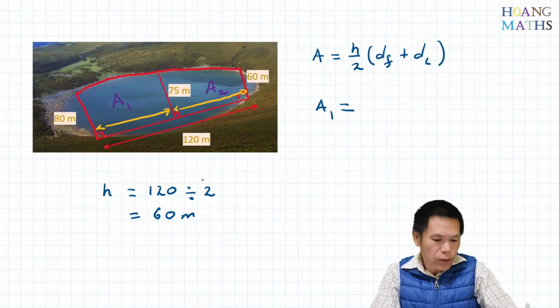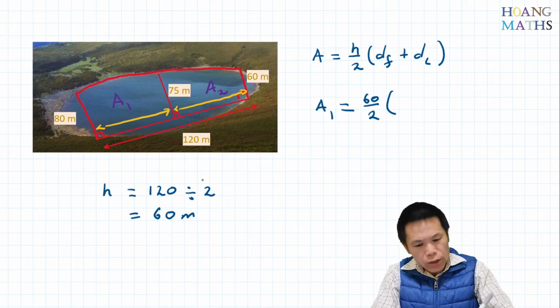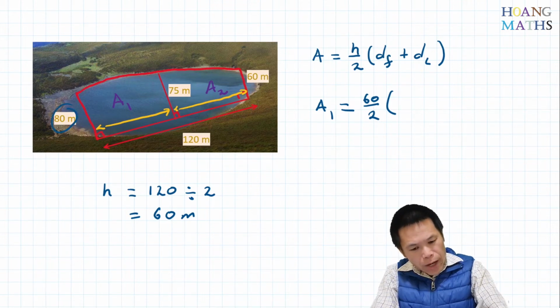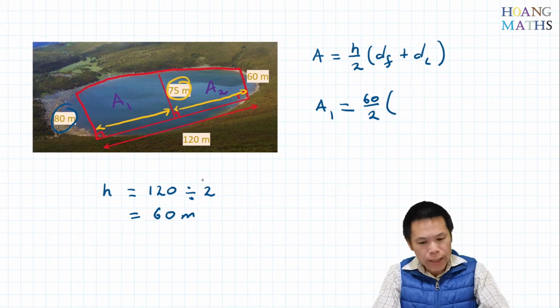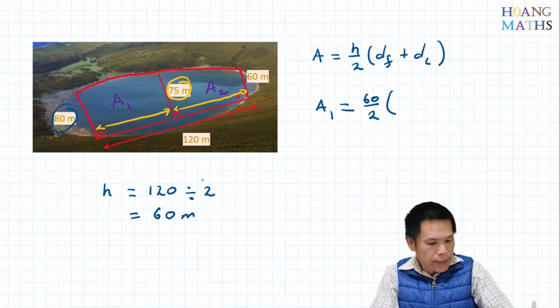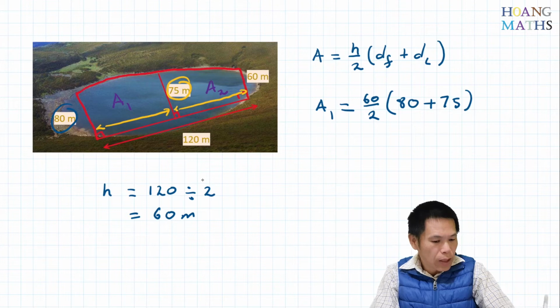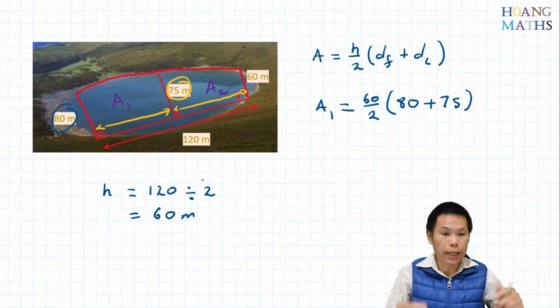So we just go 60 over 2 and brackets. D first is 80 and then D last, because we work out area 1, is 75. So now we go 80 plus 75. Then we put that in our calculator.